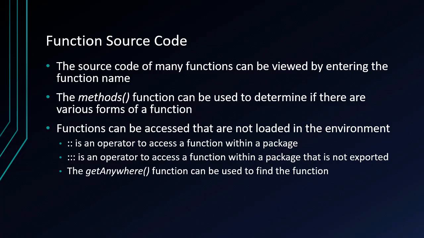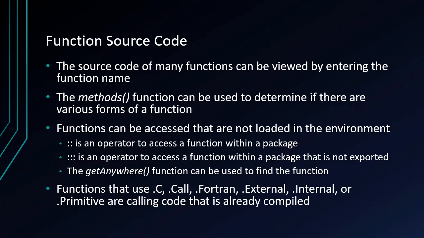The double colon will access a function within a package that the package allows us to export. But if it can't be exported, the triple colon will access the function within that package. And we can avoid using either of these if we want to use the getAnywhere function to find that function and bring it in to our environment.